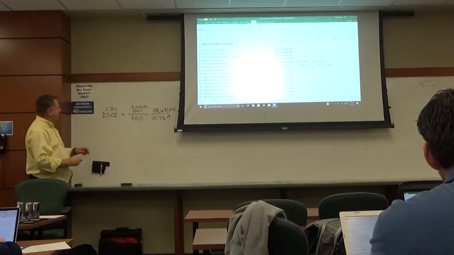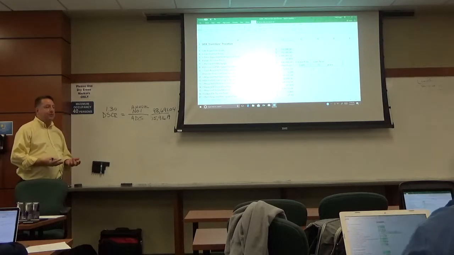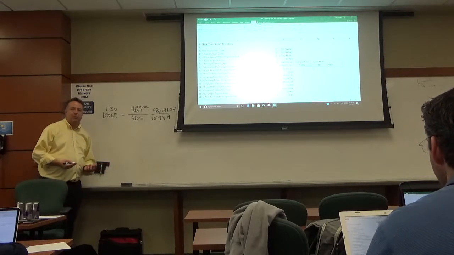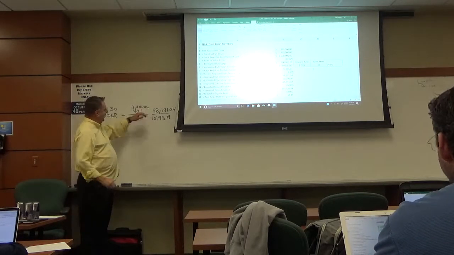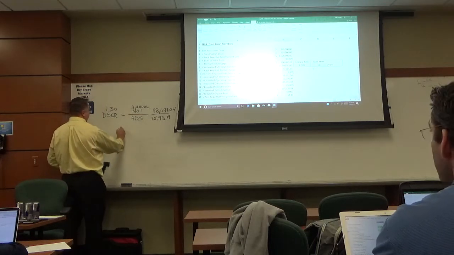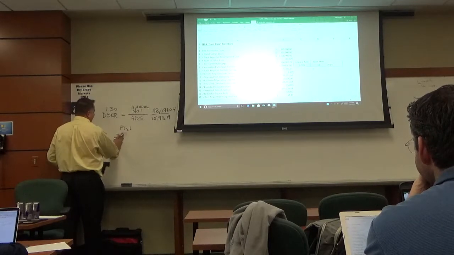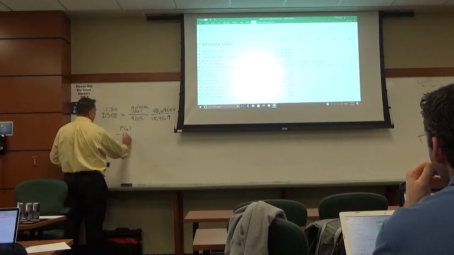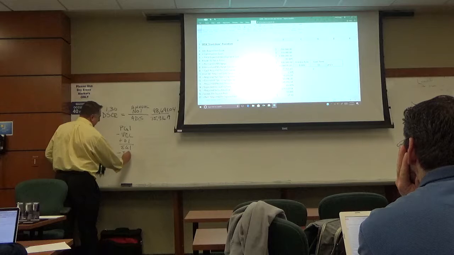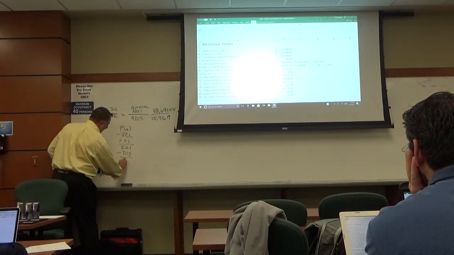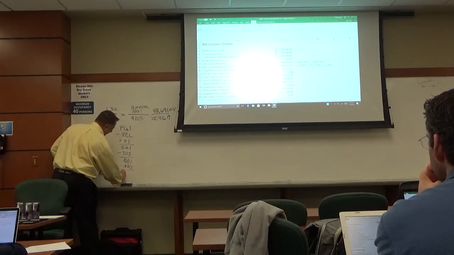Now, what does this number actually mean, the DSCR? It is, in essence, the cushion that the lender requires in order for a loan to be made, all right? If you remember back to our traditional operating statement, we've got potential gross income, we subtract out vacancies and collection losses, we add in other income, that gives us effective gross income, subtract out total operating expenses, which gives us net operating income, subtract out annual debt service, that gives us before tax cash flow.